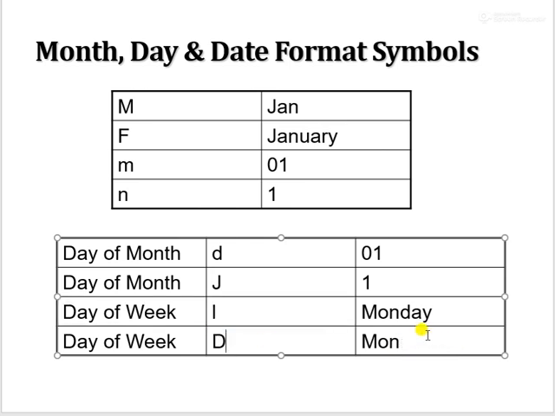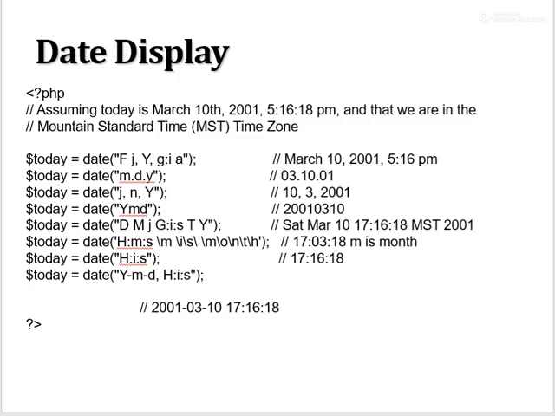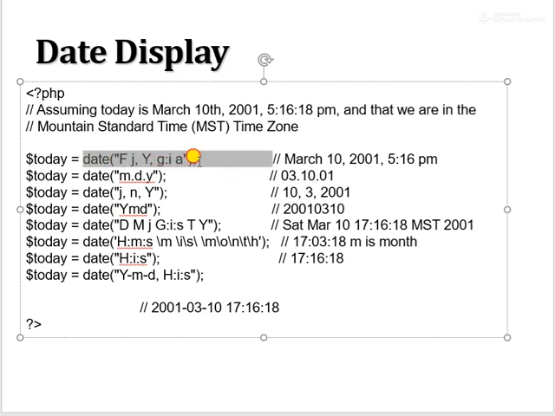So here we have different month, day and date format symbols that can be provided as input parameters to the date function. This is an example to get the date in different formats, like if we initialize date this way, it will have this format, and so on. You can go through it by yourself.